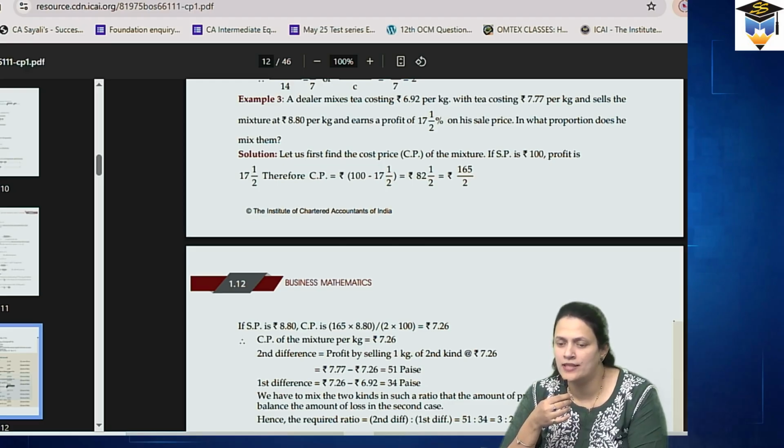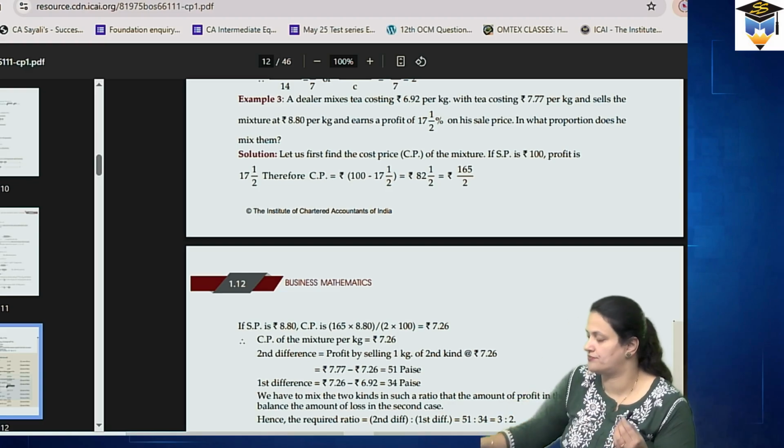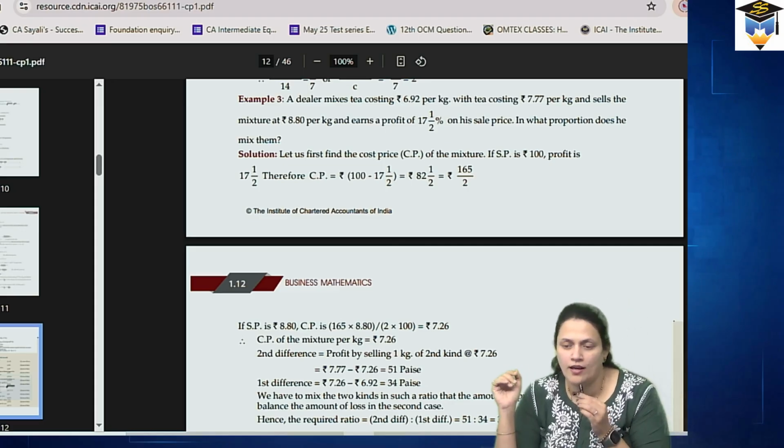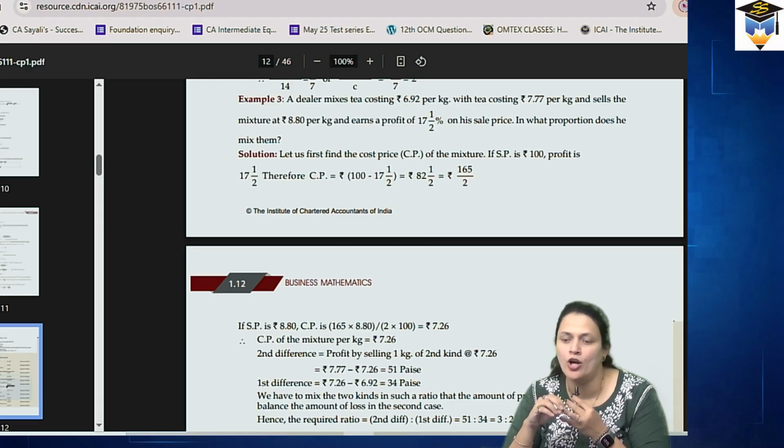A dealer mixes tea costing rupees 6.92 per kg with tea costing rupees 7.77 per kg, and sells the mixture at 8.80 per kg and earns a profit of 7 1 upon 2% on his sale price. In what proportion does he mix them?